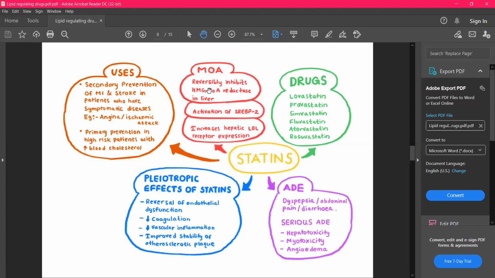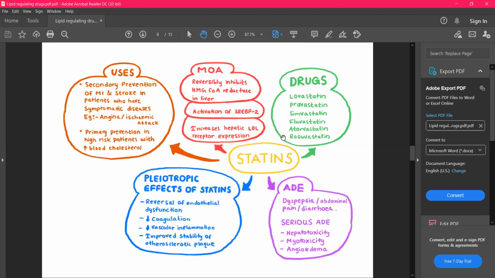For example, you perform a fasting blood glucose, and if the patient has more than 100 milligram per deciliter, then you can initiate statin. Or if the triacylglyceride is more than 150, BMI more than 30, obese basically. The patient has hypertension. These are some indications for statins.